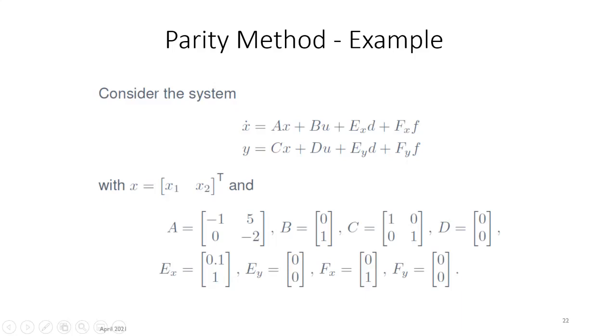Okay, we have a system with two state variables. A is 2 by 2, of course, and then we have B, C. D is 0. In reality, most real systems don't have a direct feedthrough from U. I have also assumed that there is no fault applied to the second equation, so EY and FY are 0, but we have a disturbance and a fault applied to the first equation, the state equation.